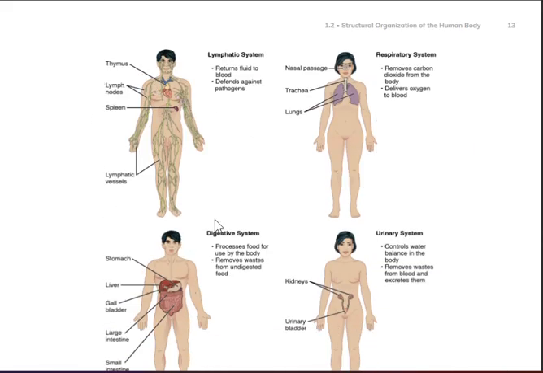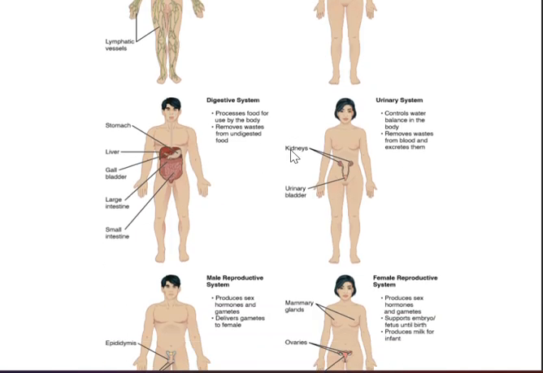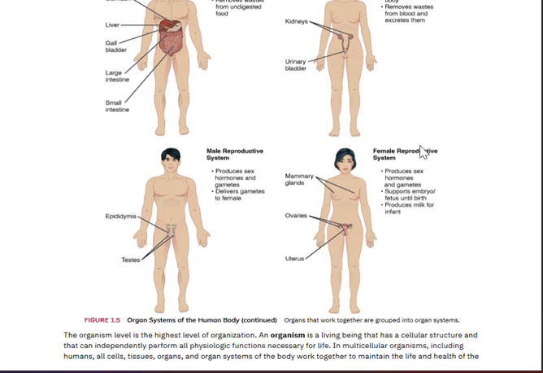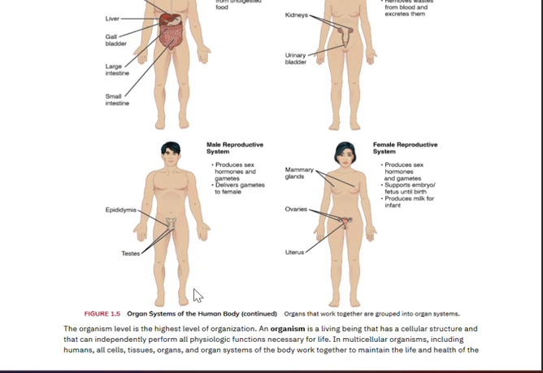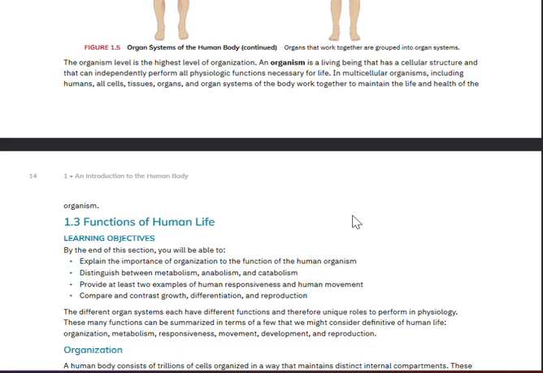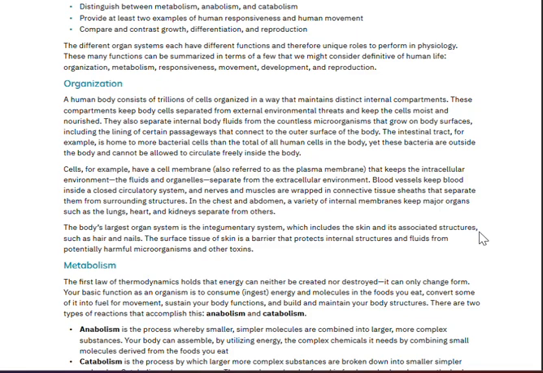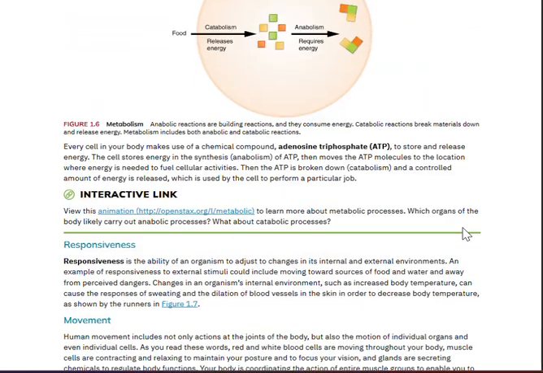The lymphatic system is the body's drainage system, bringing fluid back. Respiratory system, the lungs. Digestive system, whatever you eat: stomach, liver, gallbladder, large intestine, small intestine. Urinary system, kidneys and urinary bladder; that's how you remove fluids. And then you have the reproductive system, males and females. Okay, let's keep going.